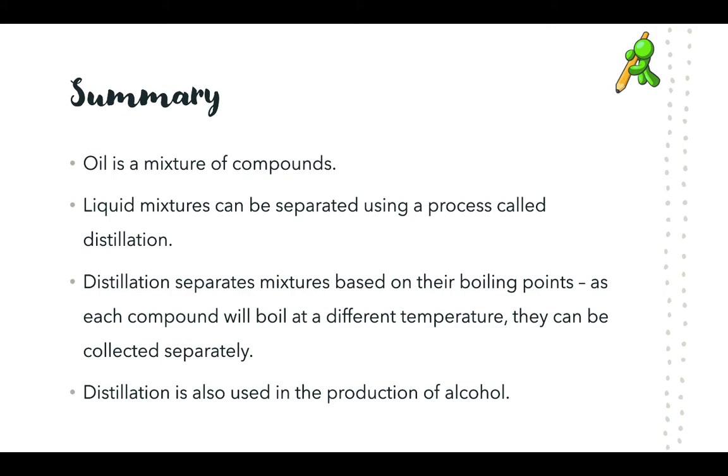So our summary, which I need you guys to make a copy of, is: oil is a mixture of compounds. Liquid mixtures can be separated using a process called distillation. Distillation separates mixtures based on their boiling points. Because each compound will boil at a different temperature, they can be collected separately.